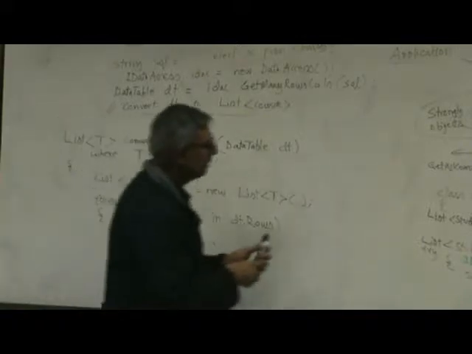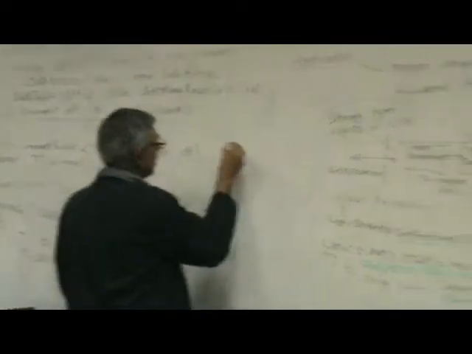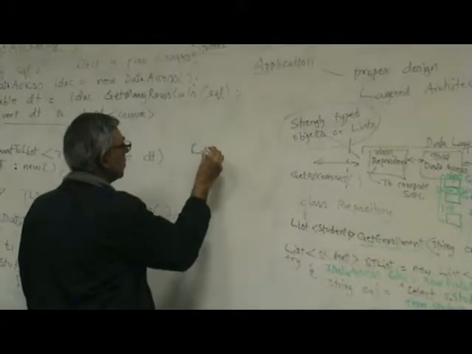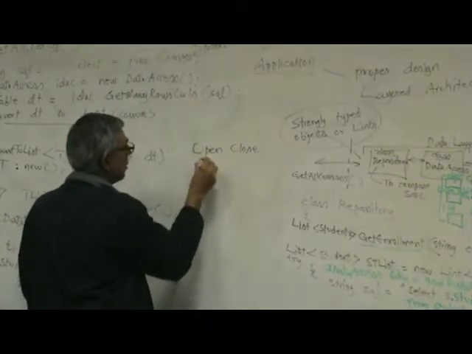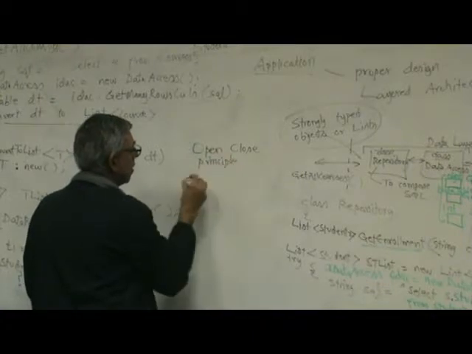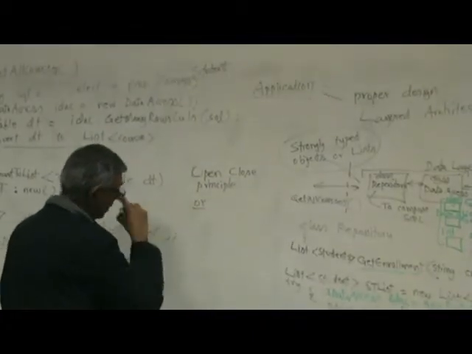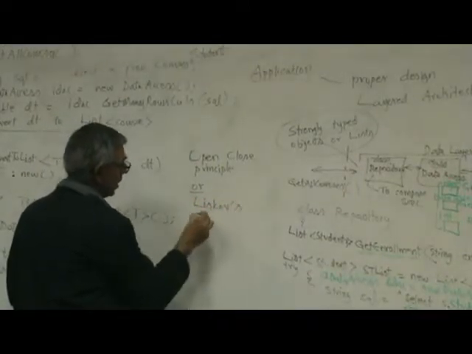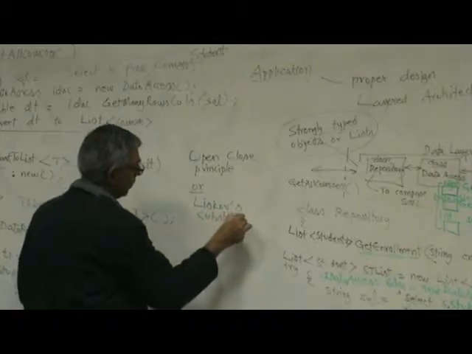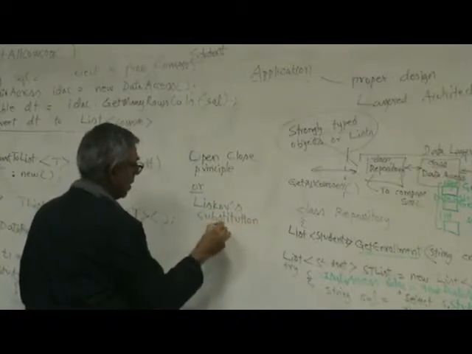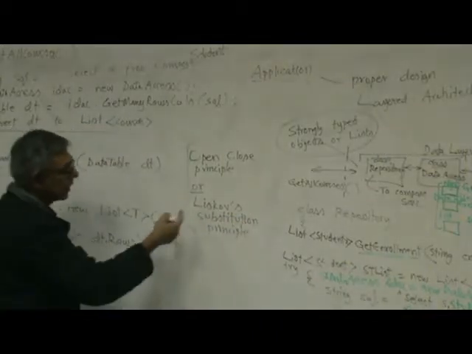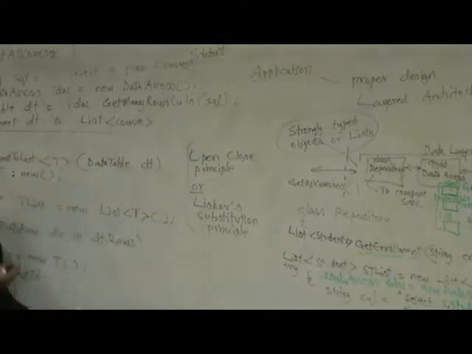There's another advanced concept in programming, and it's called the open-close principle, or sometimes also written as Liskov's substitution principle. This concept was developed by a very famous computer scientist.